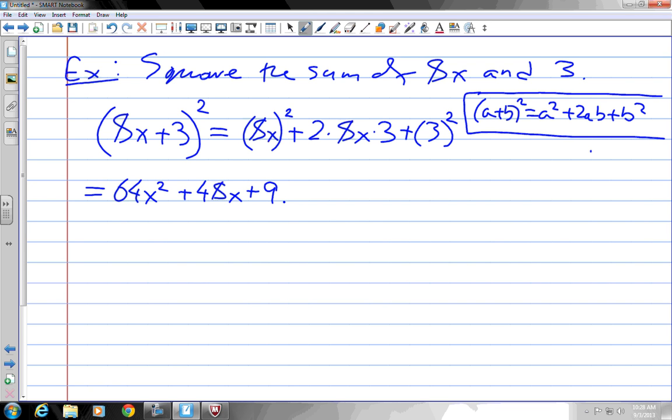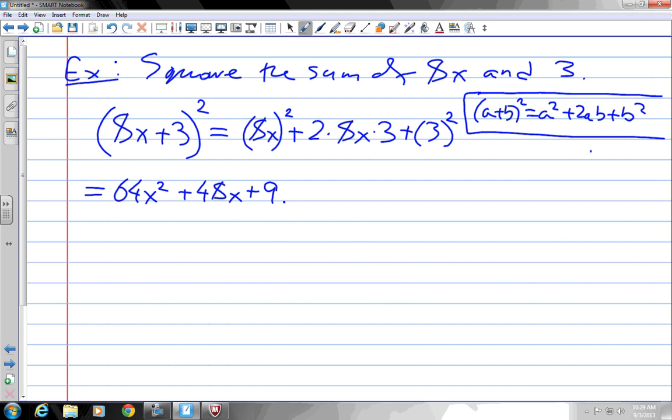Anyways, so look how I'm thinking about this problem. And eventually you'll get to that point, because you want to do those fast. Take the first term, square that. So that's 64x squared. The hardest part is to get the middle term. And the way I get the middle term, I'm just going to multiply these two things. 8x times 3, that's 24x. And then just double it.